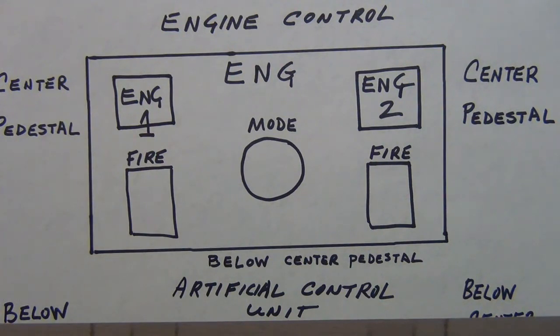And then the fire light is going to come on if an engine fire is detected. Remember that I said on the center pedestal you're going to have an indication of the fire fault light, but you're also going to have it on the overhead panel on your 115 VU.